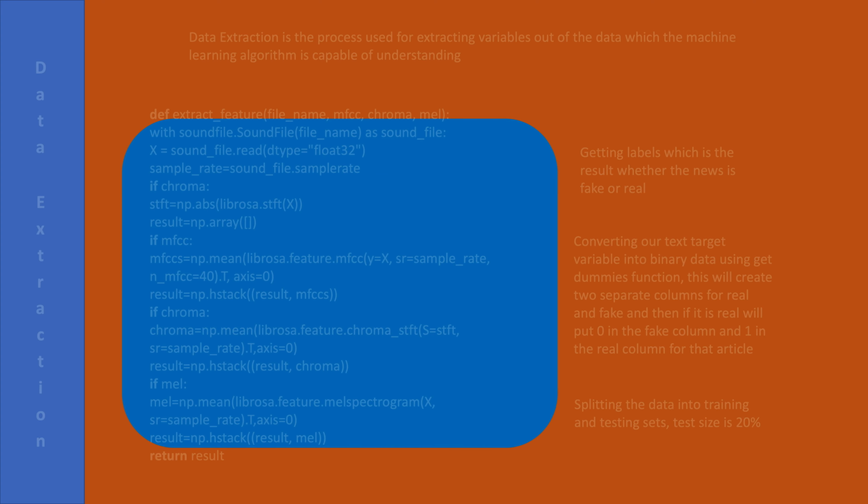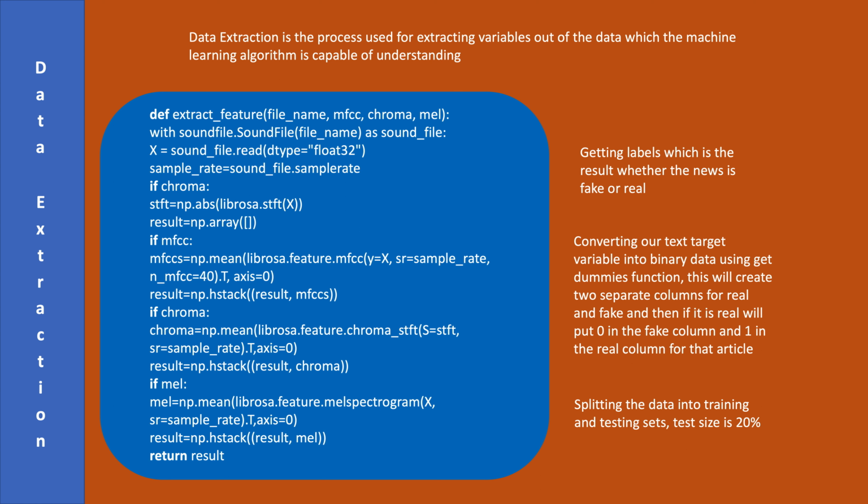So we are importing. Now we are creating an extract feature function. So we are using extract features so that features can be derived from the file, like MFCC, Chroma, MEL. We want to derive all these features from the file. So for that, our file will have to be read into a new format.